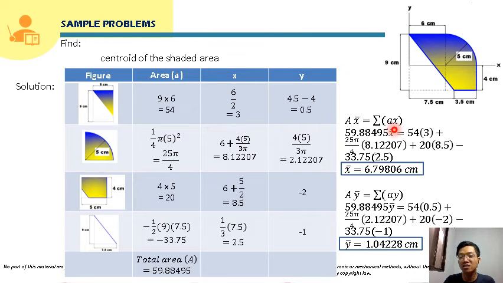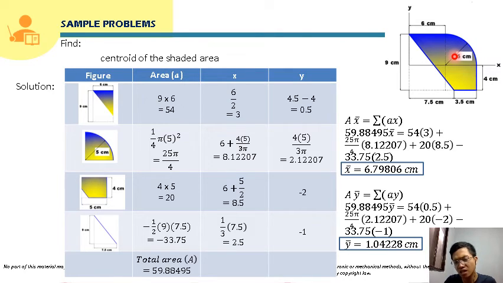You can check your answer if it's logical. If your x bar is 6.79806 from the reference point, our reference point is here, so 6 point something, it will be somewhere here, and then 1 point something. Both x bar and y bar are positive, meaning it is at the right side and above the reference point, so it will be somewhere here.